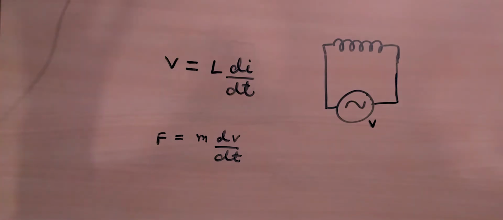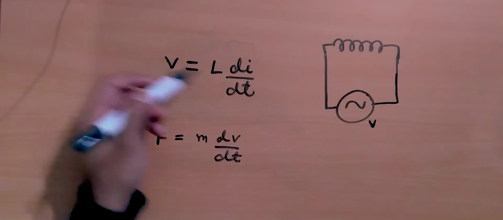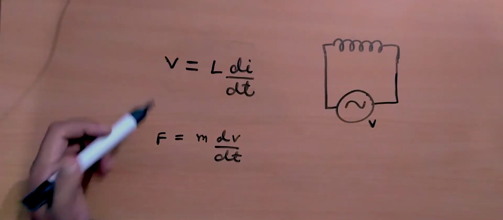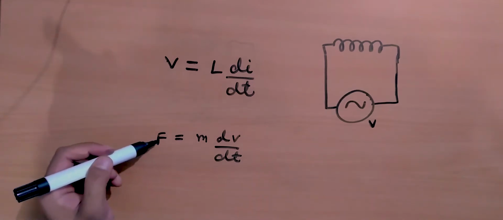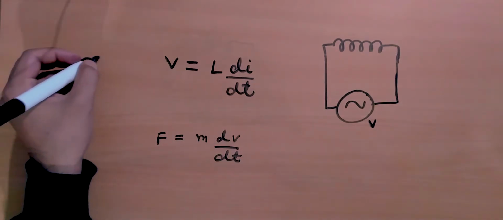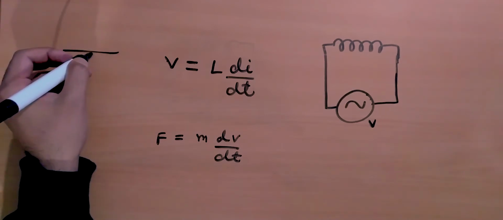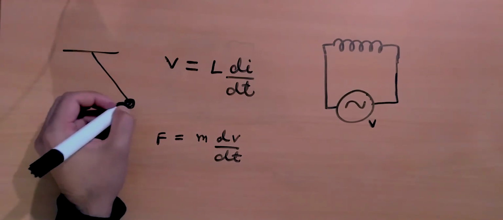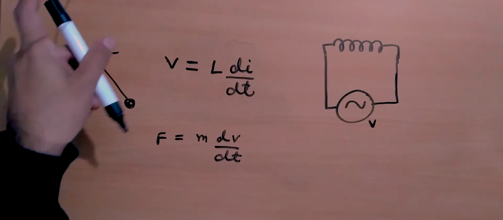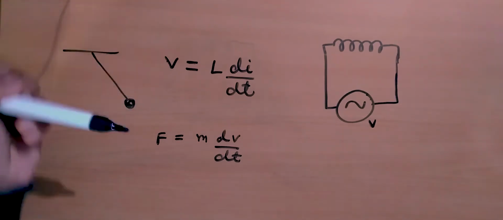What you can draw from this analogy is that the voltage in a purely inductive AC circuit is similar to the force being applied. So to represent this, I would take the example of a pendulum. Let's take the example of a pendulum being pulled to this position, and then it's left so that it moves like that, right?